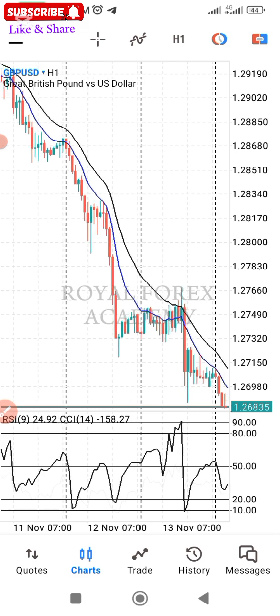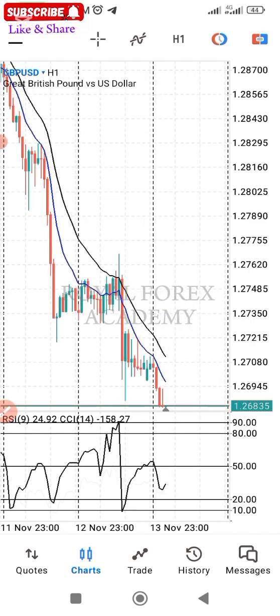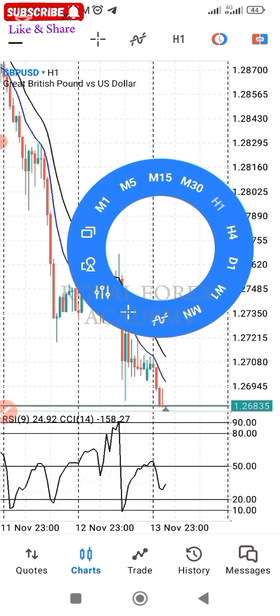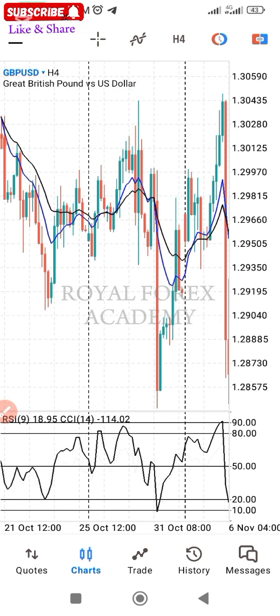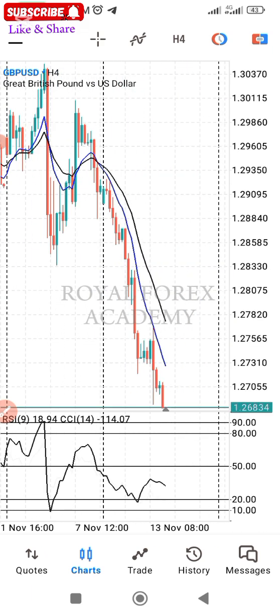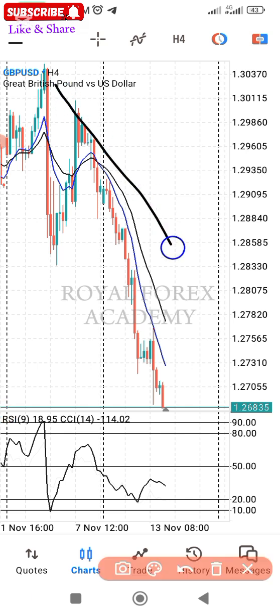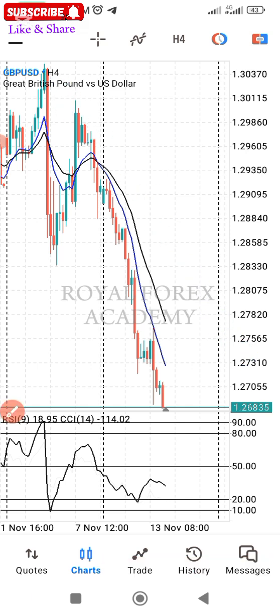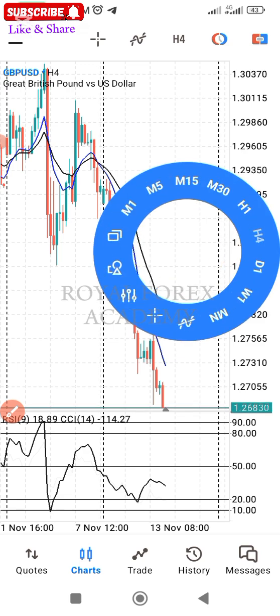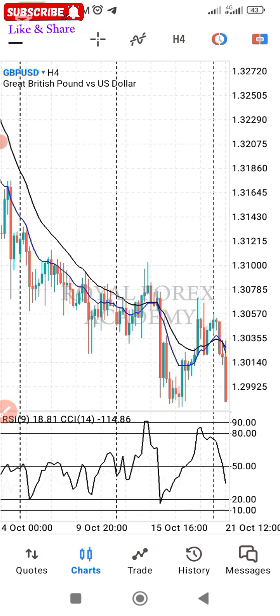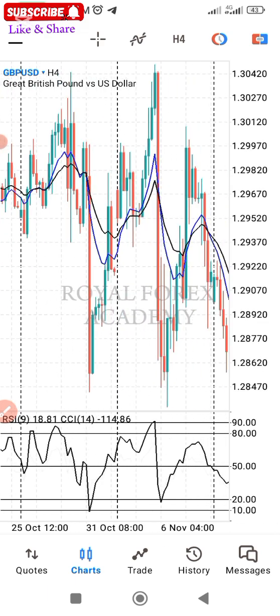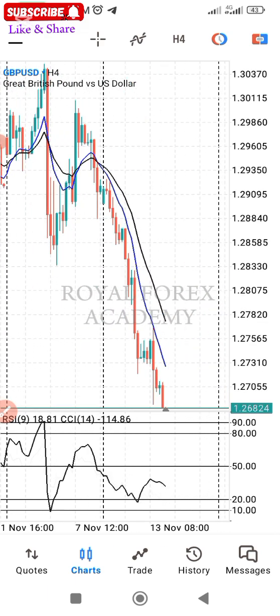So for instance, looking at my chart, you can see that price has been going bearish. This is GBP USD, and price has been on a bearish trend. When you look at the market, you can see the movement of the market to the downside. So this is a bearish price movement, and when we spot this, all we need to do is to continue in the direction of the trend.